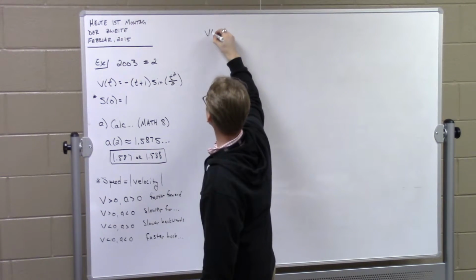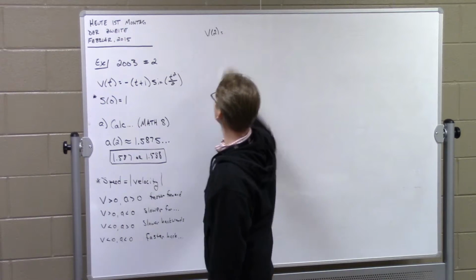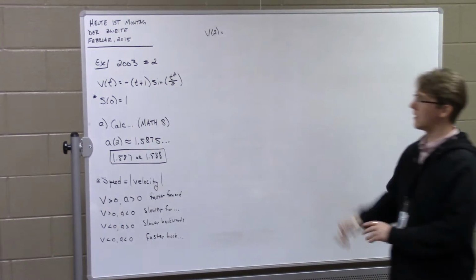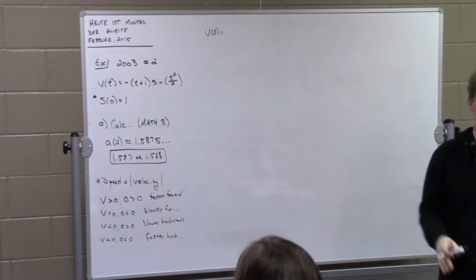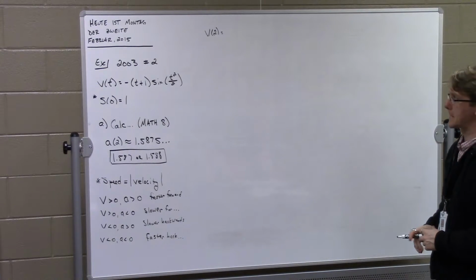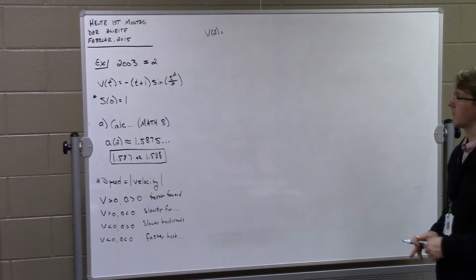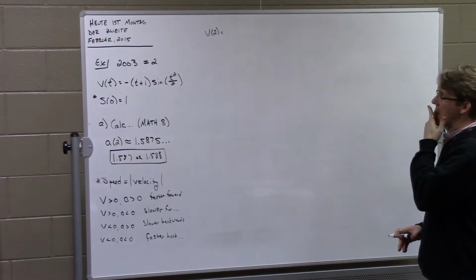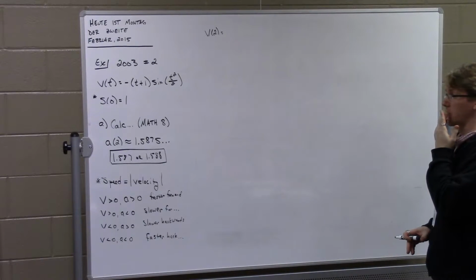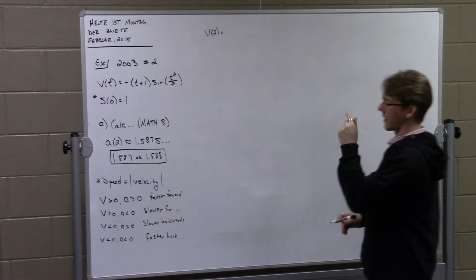So what is the velocity at 2? Again, calculator, plug it in. So go ahead and do that. I can already tell you, I think it's gonna be positive. I'm sorry, negative.